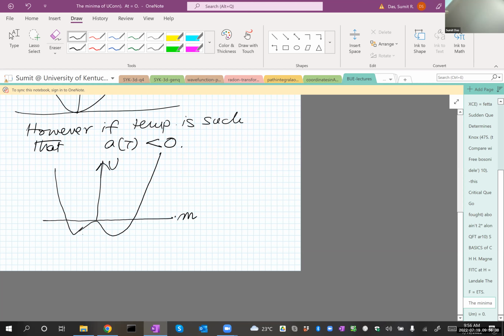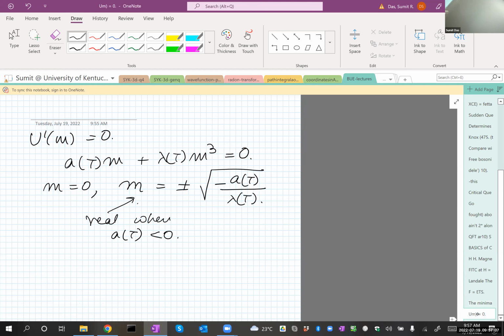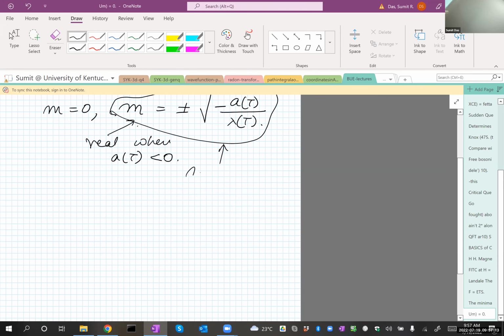If I look at the extrema, there is one at M equal to 0, and there are two others which appear when A of t is less than 0. And it is clear from the picture that the extrema which have the minimum value of the potential are in fact the ones which are given by these. So these are the minima of the potential.